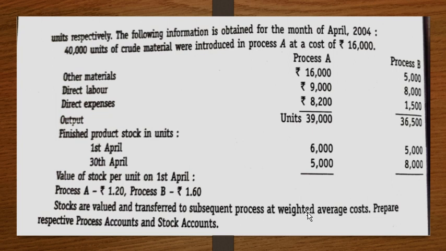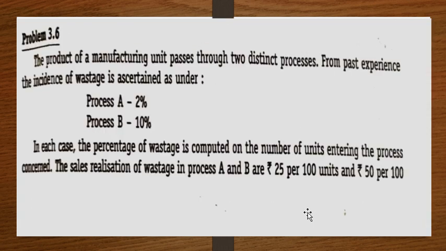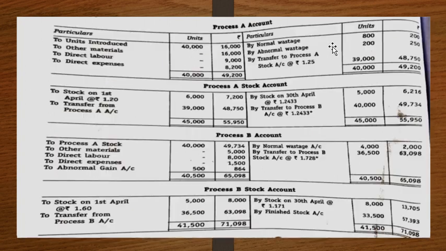So let us prepare the process account. First is your process A account. We will be taking the number of units introduced and the other direct expenses used for developing the product in process A. Here they have stated that 40,000 units of crude material were introduced in process A at a cost of rupees 16,000.